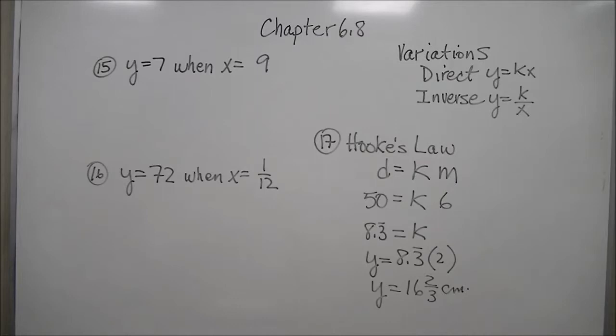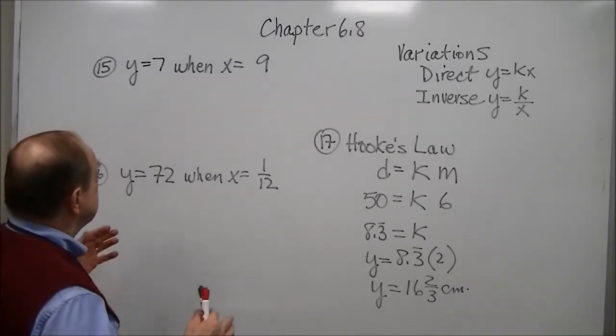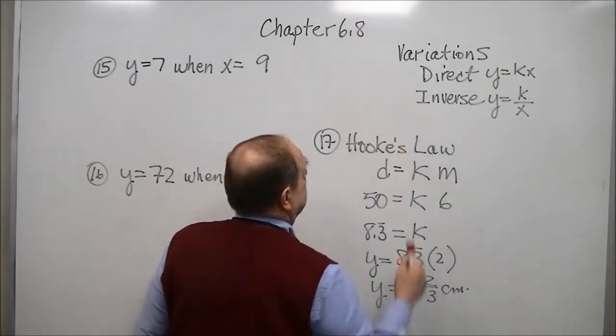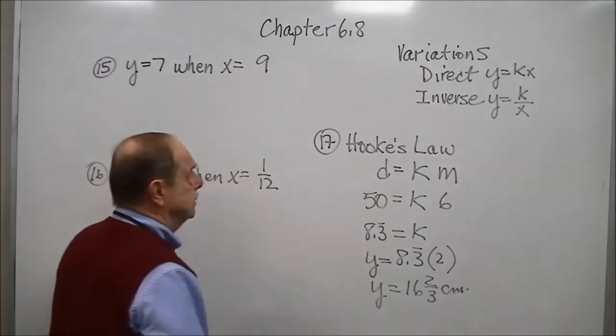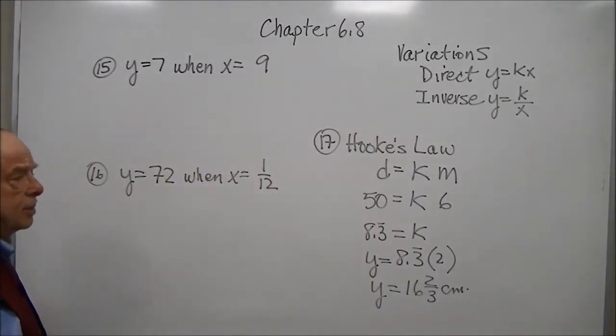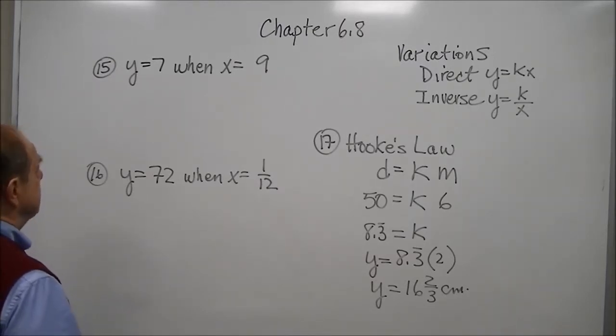We're continuing on topic 6.8, and we've now moved from direct variation to inverse variation. And they will tell you that in the problem, what type of variation we're dealing with.